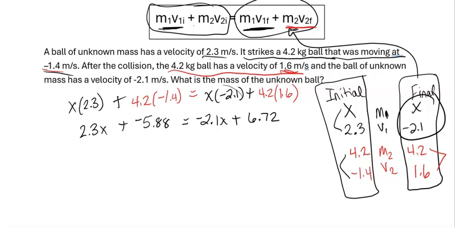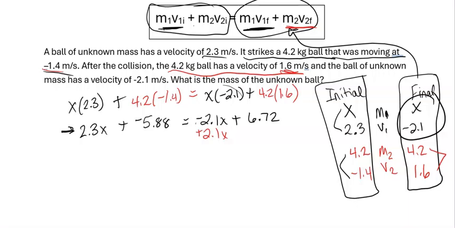Now I need to move all of my x's to one side of the equation, and all my constants to the other side. Since the 2.3x on the left-hand side is a positive value, and the 2.1x on the right is a negative value, I'm going to move the negative x over to the positive side. I do that by using inverse operations.